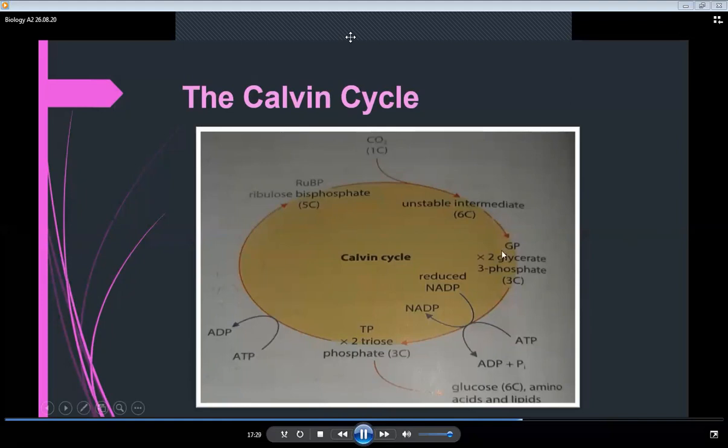What is the name of that 3-carbon compound? It is glycerate 3-phosphate. Remember that glycerate 3-phosphate is also sometimes called phosphoglyceric acid.